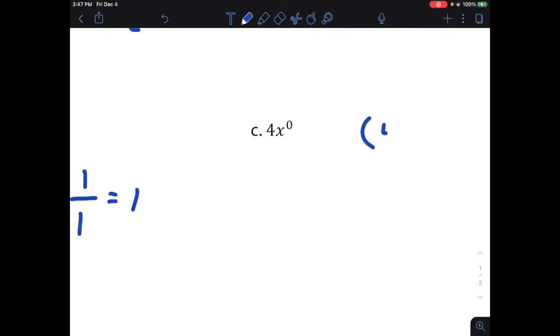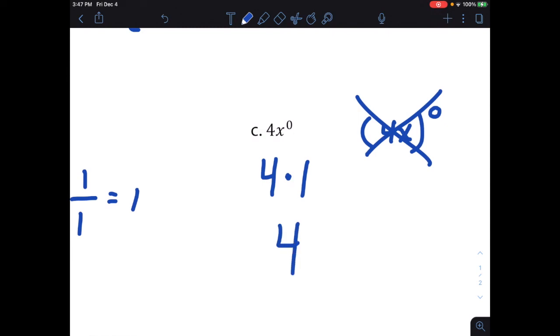If it looked like this, then the 0 applies to the 4 and the x. But we don't have parentheses, so we don't have that. So in this case, the 0 only applies to the x. So this becomes 4 times 1, because it's x to the 0 power is 1. So our answer is 4.